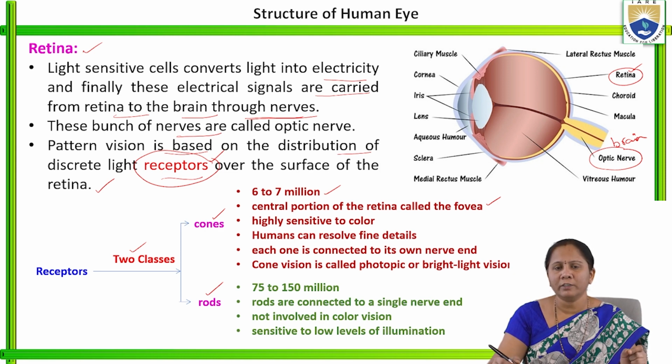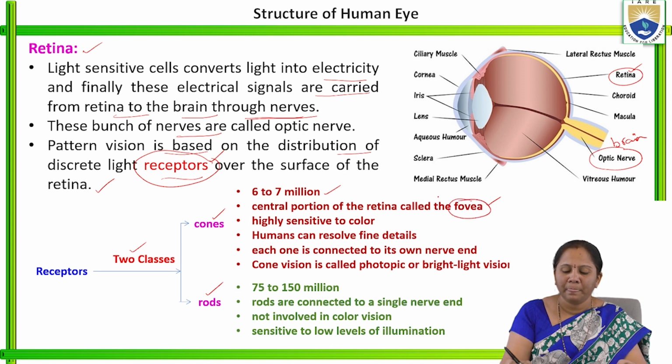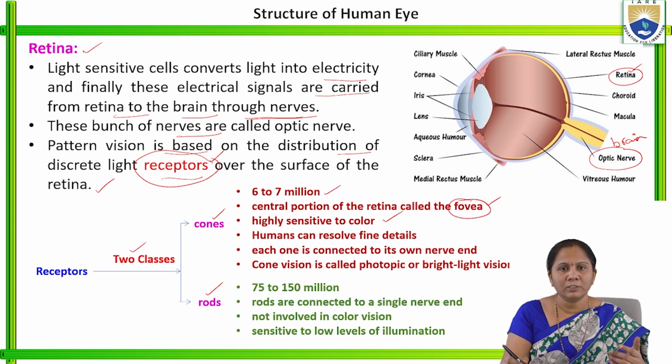That central part of the retina is called the fovea. Cones are highly sensitive to color, so based on the cones only, we identify all the colors in the image.